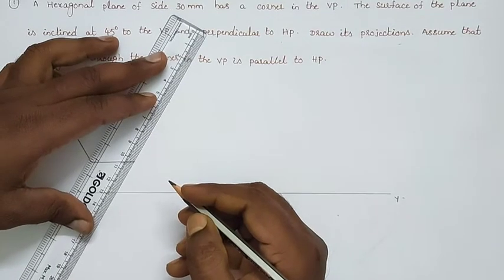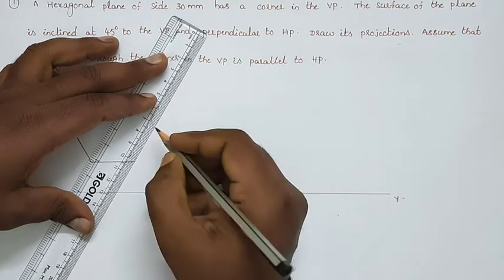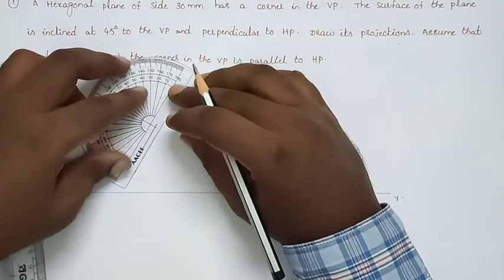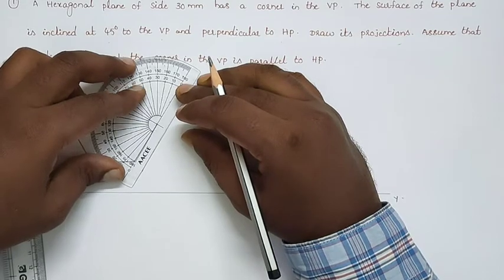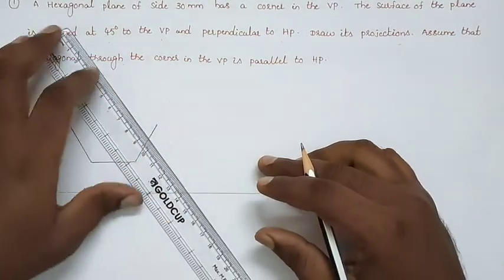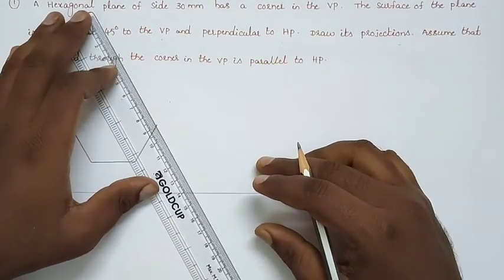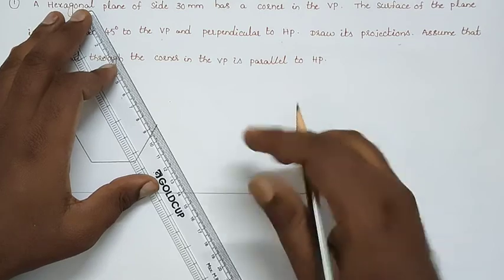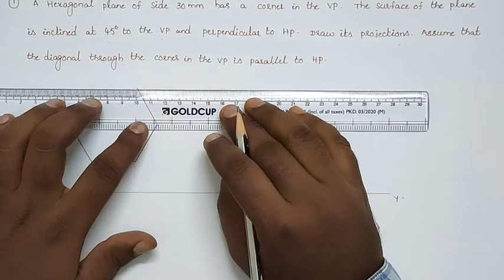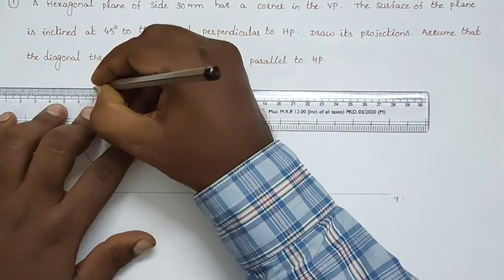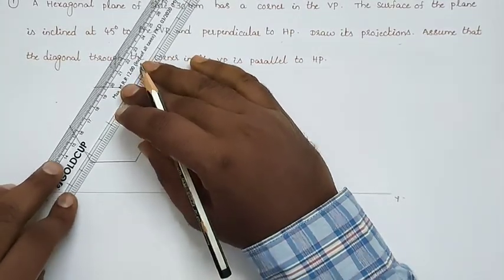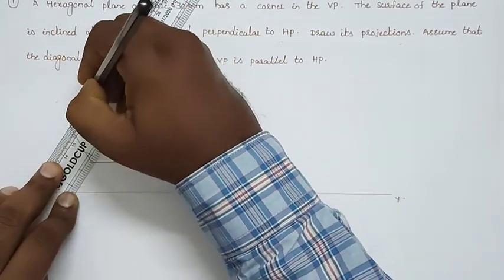So here we draw the first front view first of all. The shape of the front view is like that.